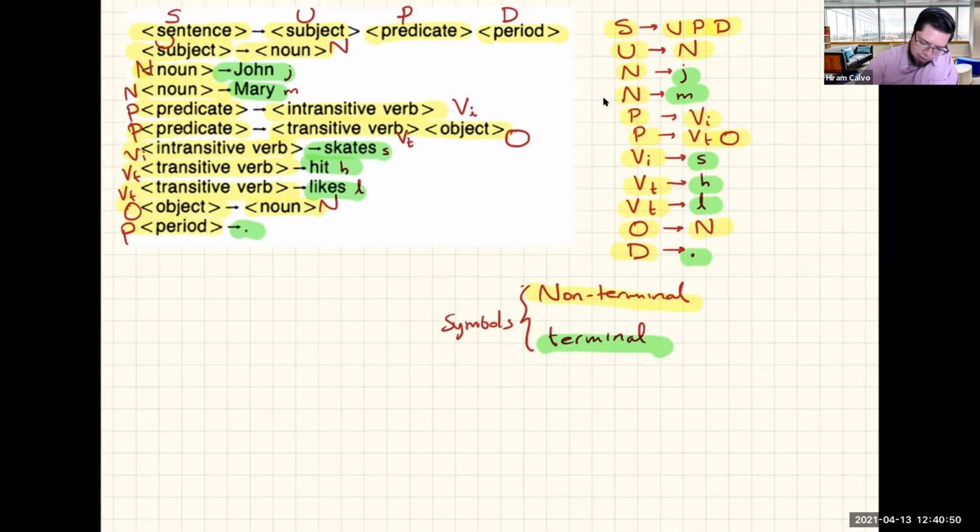In order to do this, we need to change our rules into a specified format.